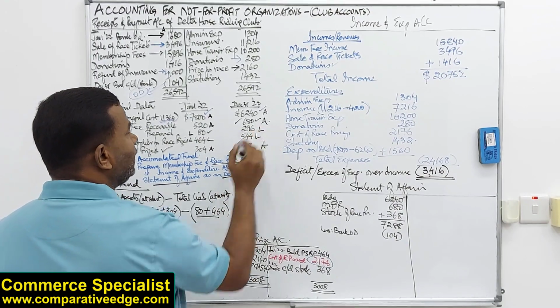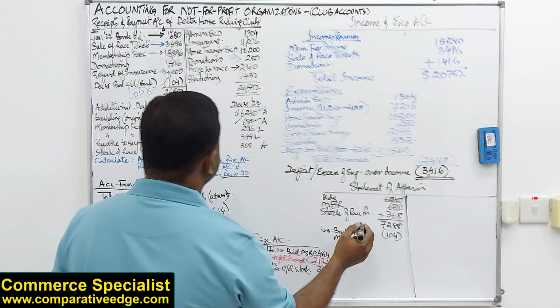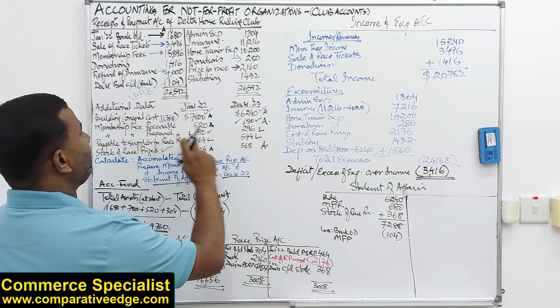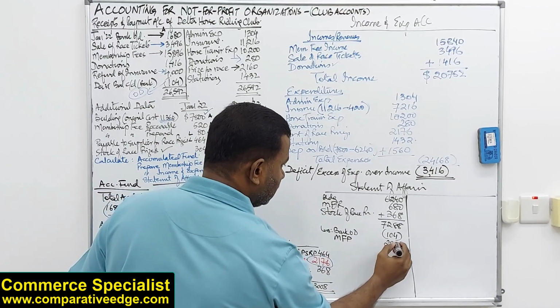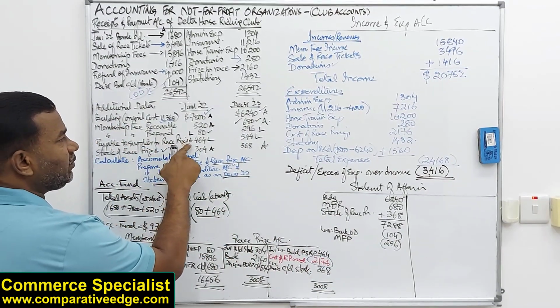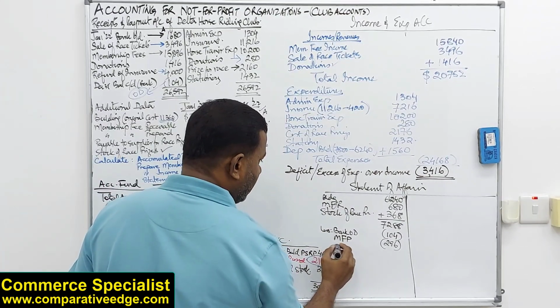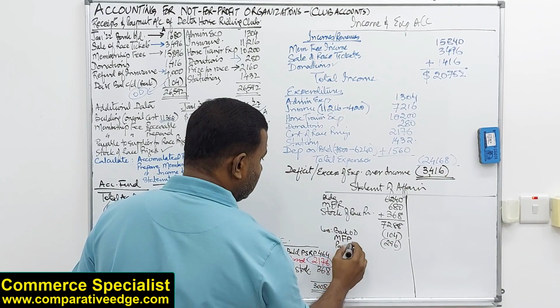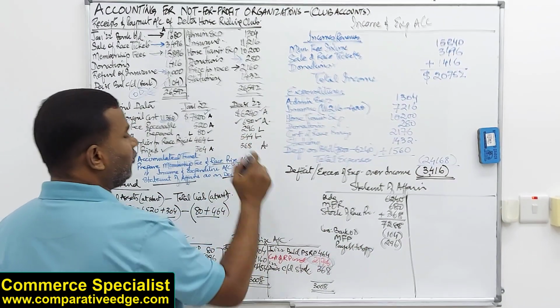It's a liability, 296. So I'm writing here membership fee prepaid, paid in advance. We also have payable to supplier for race prizes. Closing balance, it's a liability again, 544. So I'm writing here payable to suppliers, which is 544.